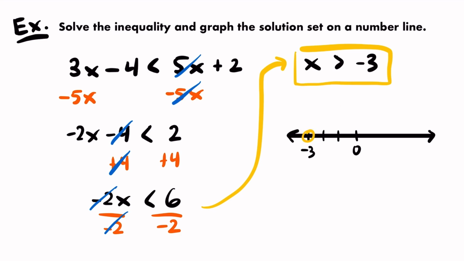So we draw an open circle at -3 to indicate that it's not included. If it was, we would fill in that circle. But then all the values of x greater than -3 would be to the right of -3 on the number line. So I'll draw an arrow to the right. And there you have it. That is the solution to this inequality, and we have graphed it on a number line to see visually what values of x are included in the solution set.